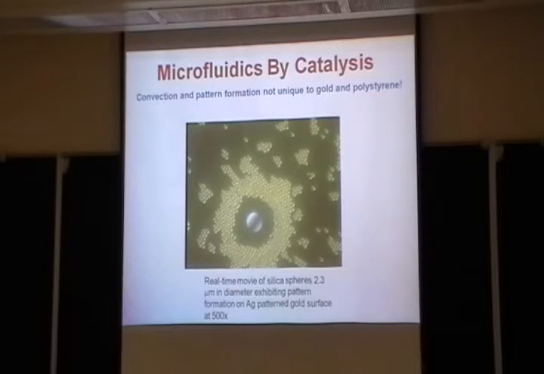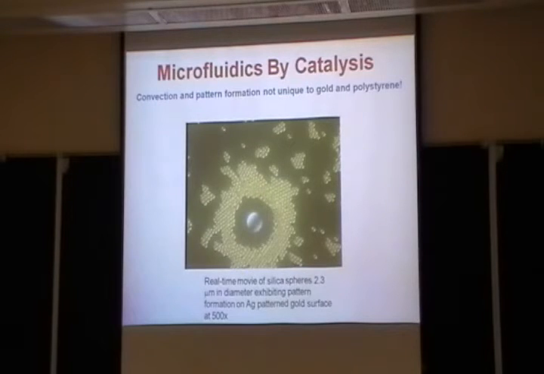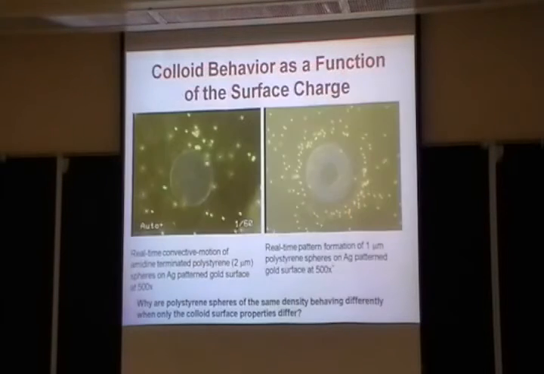Same with negatively charged silica particles. They will come in long distances, make a nice close packed structure, but there's a zone of exclusion. If you have positively charged tracers, they come all the way in.